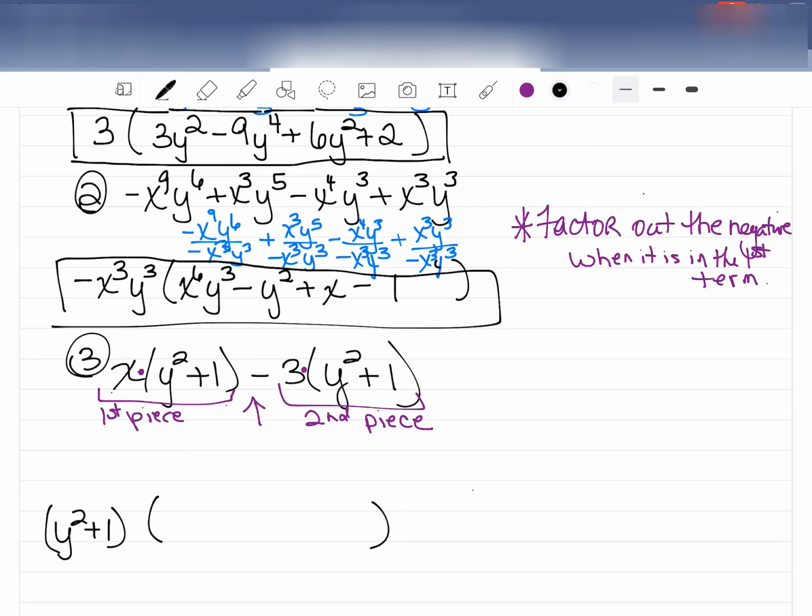On this one, see if you can kind of envision it without writing down that division part, and then I'll go back and write down the division part. That x times the parentheses y squared plus 1 is the first part. If I pull that y squared plus 1 out, it's just going to leave me with the x. So that's what I'm going to write down for my first parentheses. I'm going to copy this minus sign down.